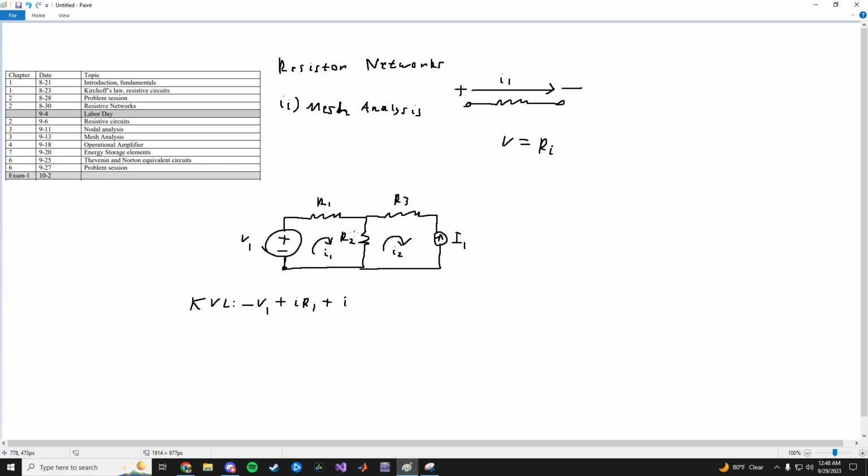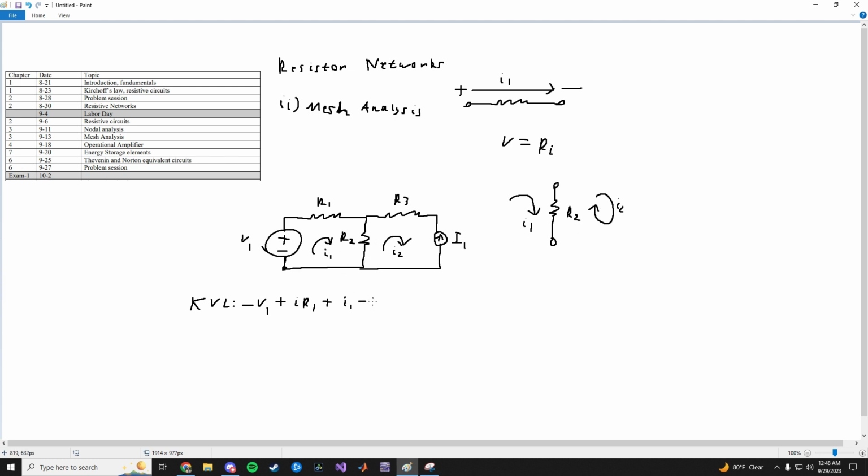in this case. Well, notice I have two meshes. So I'll draw a bigger picture. So let's say this is R2. I have this mesh, I called I1, and then the other mesh, I had I2, which is going like this. So you actually have to take I1, the one you want, and subtract the mesh current that you don't want from this mesh.